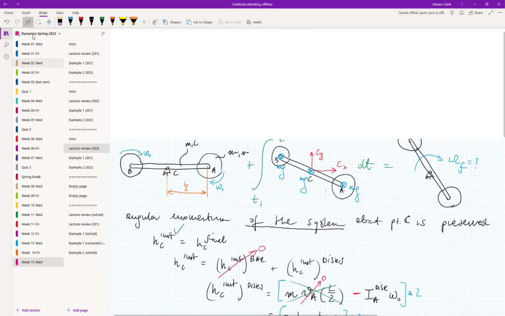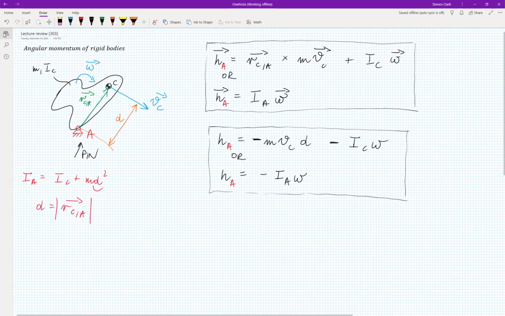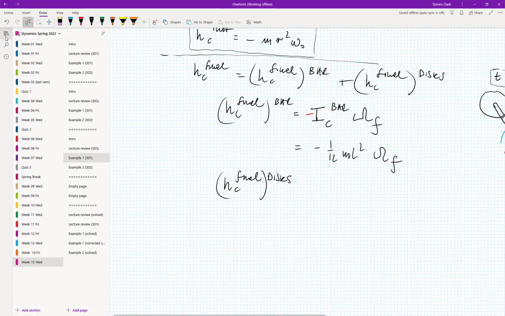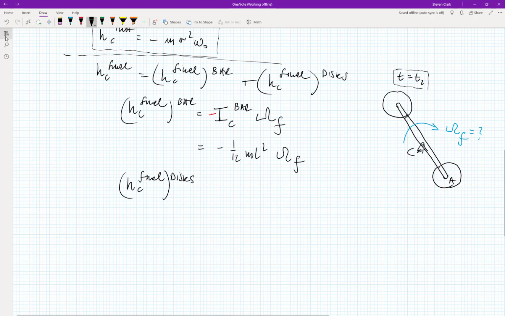I would like to start with this expression, and then I will go for this one. So let's do it. If we do that, we can express IC of the disk. You can see that the disk rotates with the entire system, right?